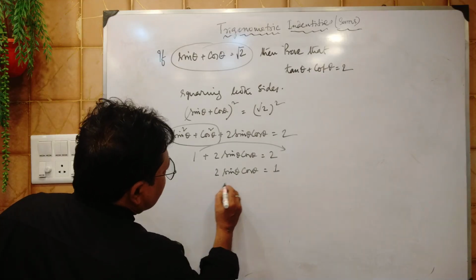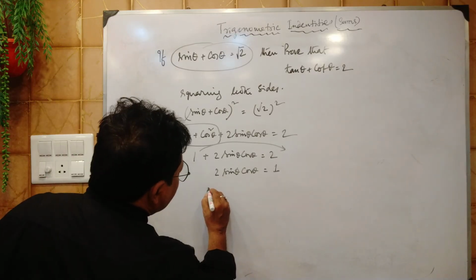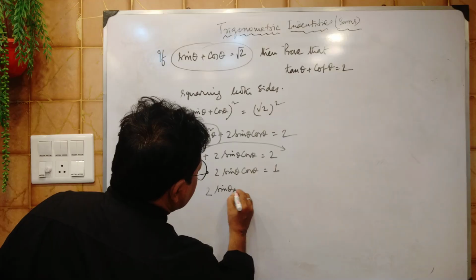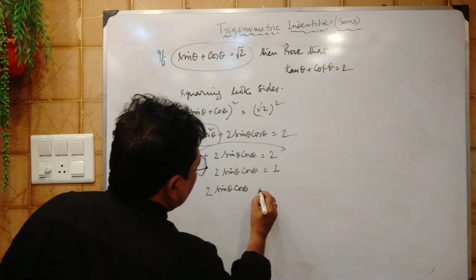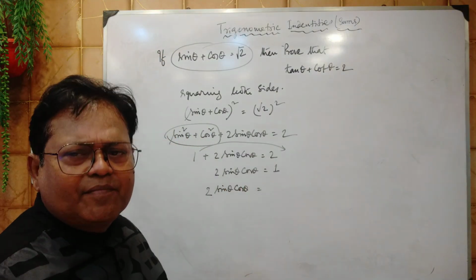Now we can write 2 sin theta cos theta. Make this, what is 1? 1 means sin square theta plus cos square theta.